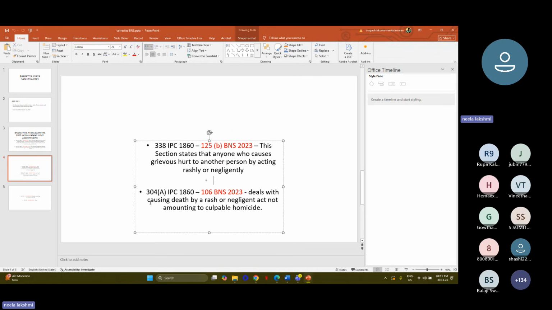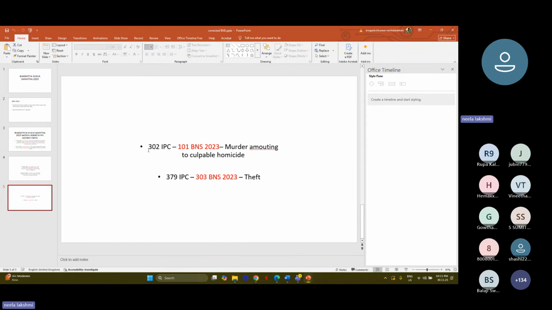Next one is 304A, which deals with causing death by rash and negligent driving. The new section in BNS is 106 BNS 2023. Then 302 IPC, which is murder, the new section is 101 BNS 2023. Why I am mentioning murder here is, in some cases, the FIR will be filed under 302.